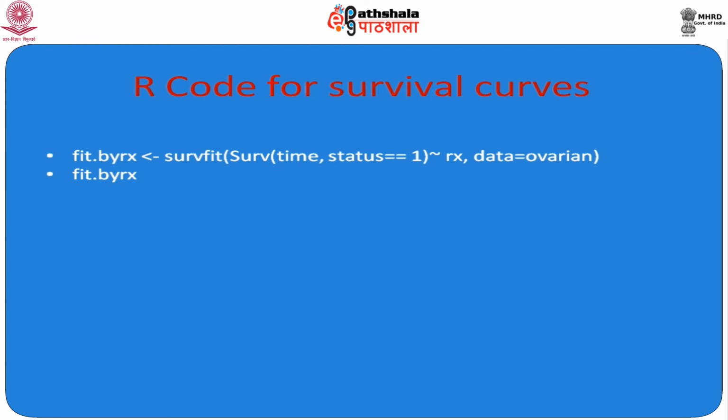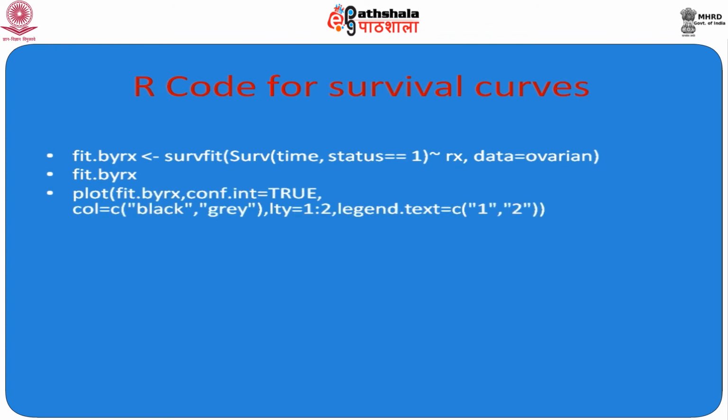The same code we are using here and calling the fit.by.Rx to give us the result, and this fit.by.Rx is put into the plot function to get the plot for the output obtained by survfit and the Surv function, and conf.int equals to 2. If we put it, then the confidence interval will also come, and if we put the color, the lines of this curve will be given as black and gray.